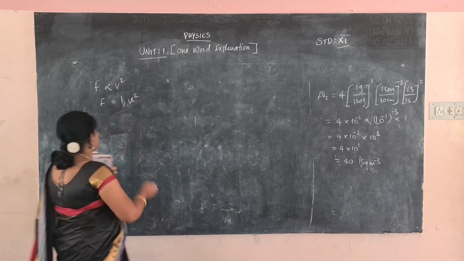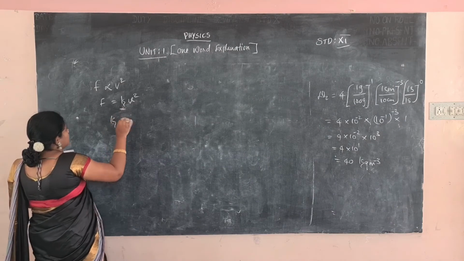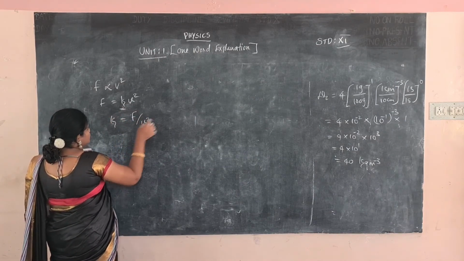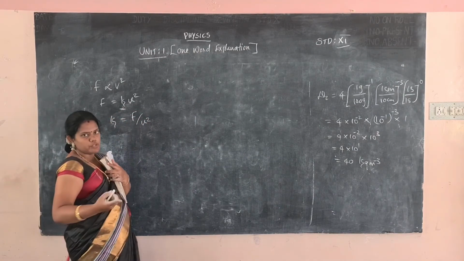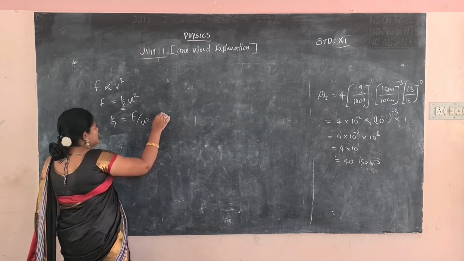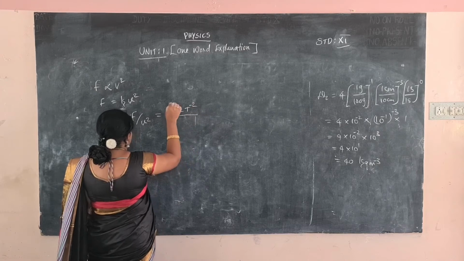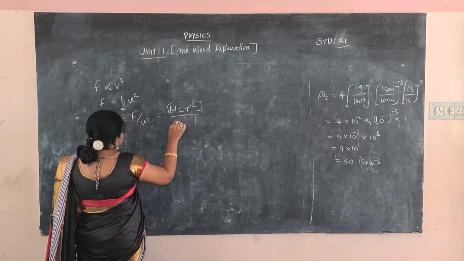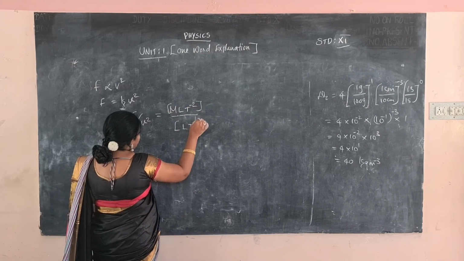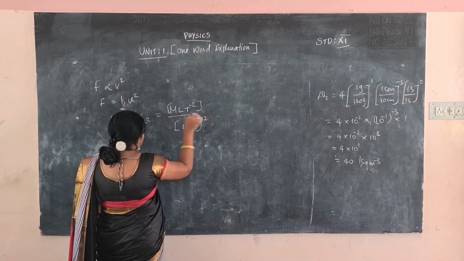So we want the proportionality constant K. So K is equal to F by V square. Substitute the dimension formula for force, substitute the dimension formula for velocity. What's the dimension formula for force? M L T power minus 2, by the dimension formula for velocity, that is L T power minus 1 the whole power square.